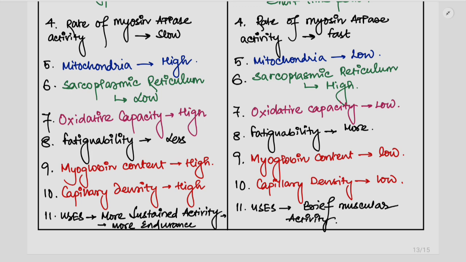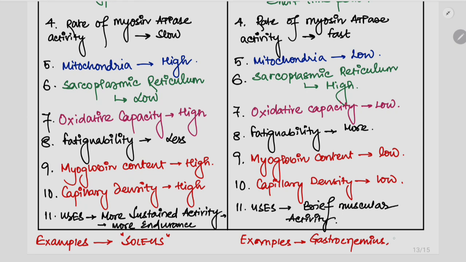So examples are not the differential points here. Examples of type 1 is soleus, and of type 2 muscle fibers, gastrocnemius and lateral rectus.